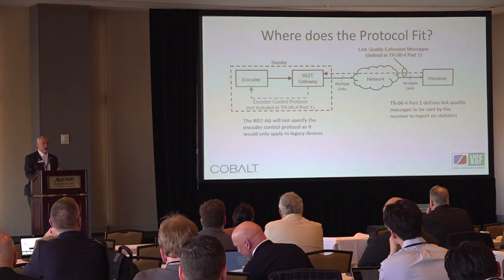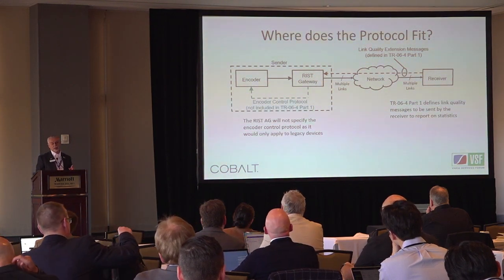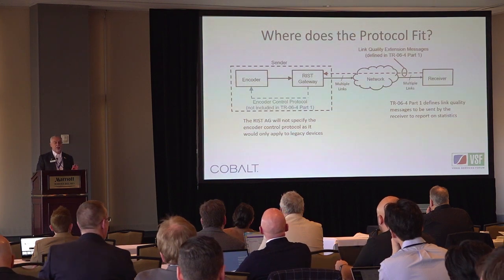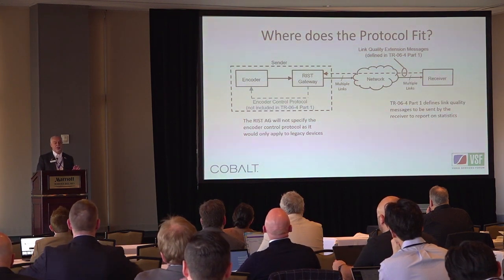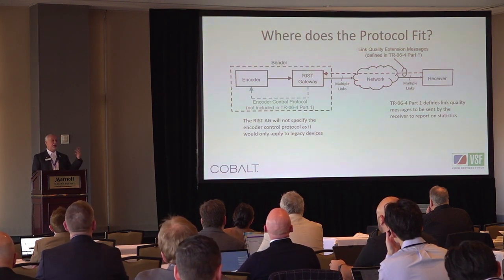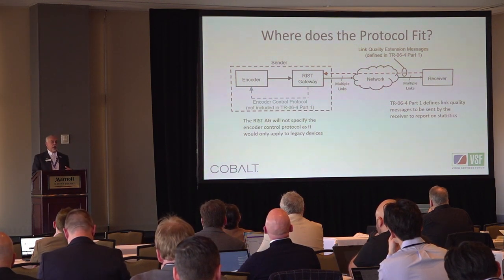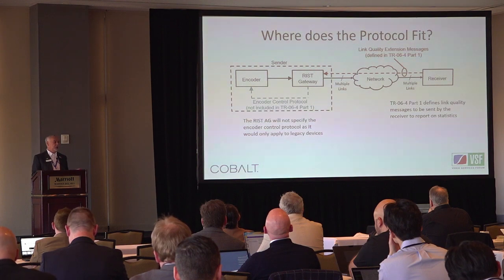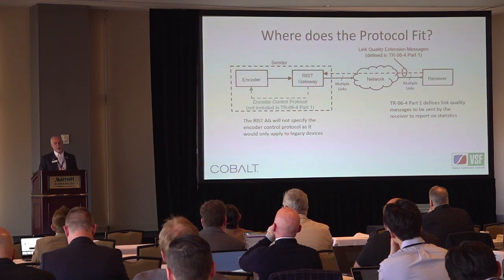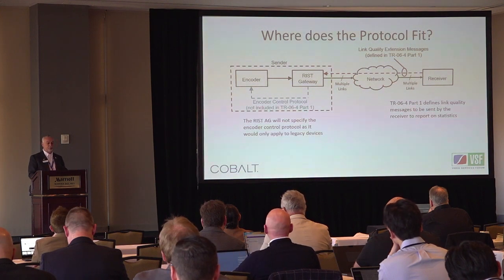The RIST AG decided not to specify the blue line, the control protocol between a theoretical RIST gateway and an encoder, because these would be legacy encoders, and if you're going to upgrade the legacy encoder, you might as well put the whole protocol in. So we're not touching that.